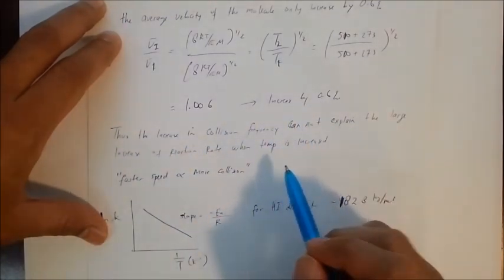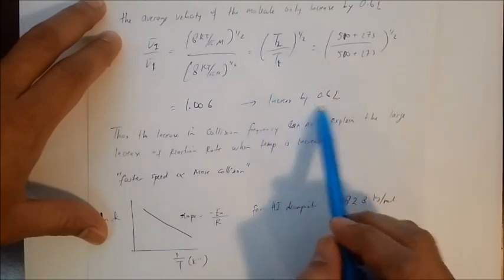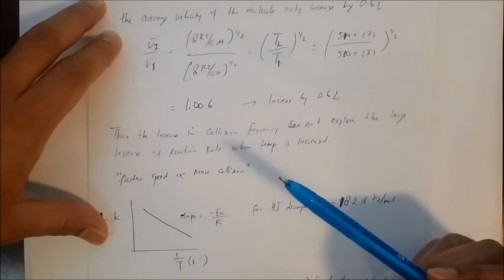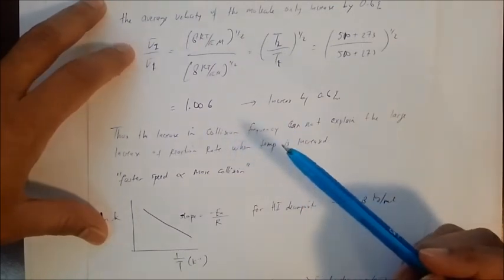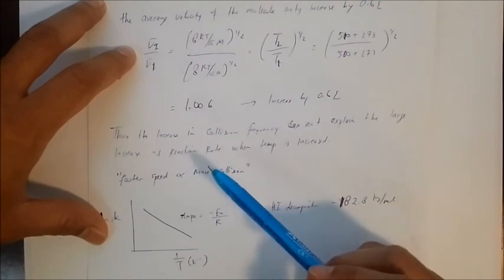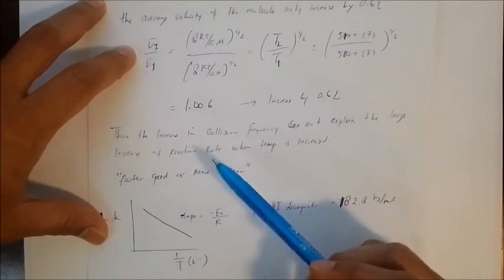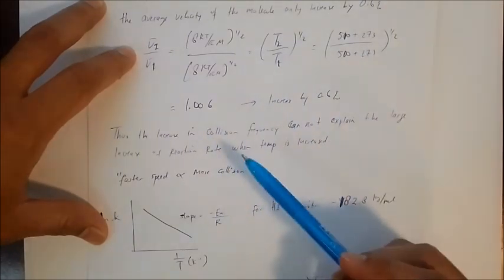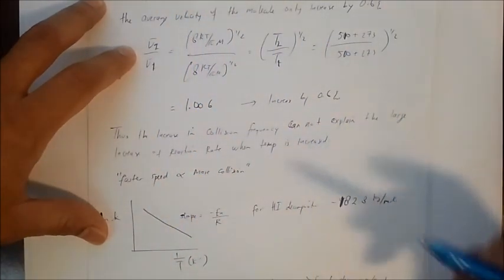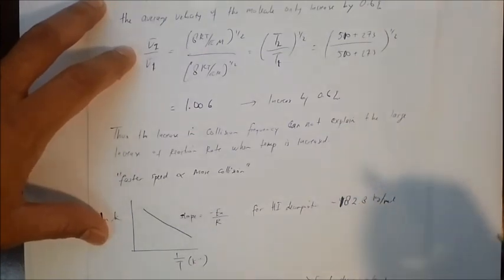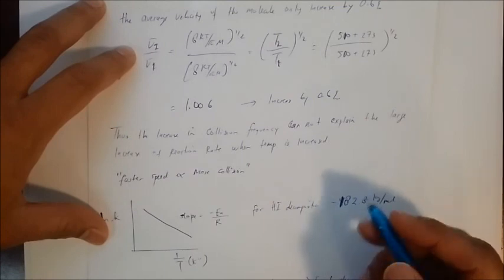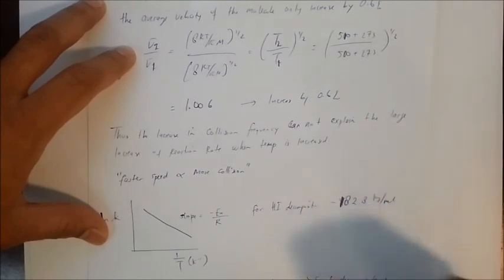So this cannot explain why the reaction rate increased by 44%, because when you increase the temperature from 500 to 510, the average velocity increase is only 0.6%, which is really small compared to the increase in the reaction rate, which is 44%. As a conclusion, the collision frequency alone cannot explain the large increase in the reaction rate.